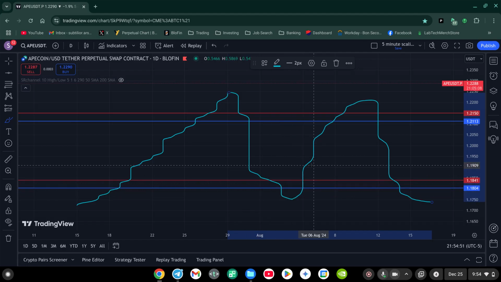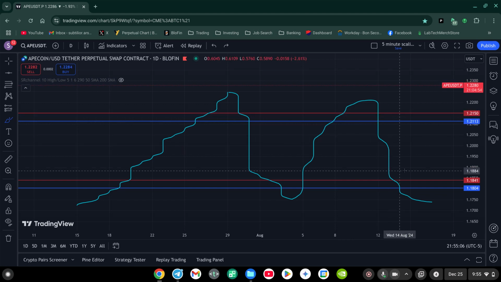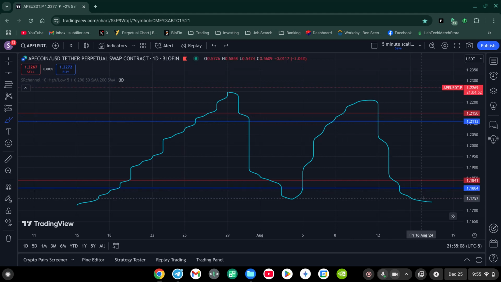And then as the price action oscillates back up, it will buy again, and then as it oscillates back down, it will sell as the price moves down before it gets to break even.